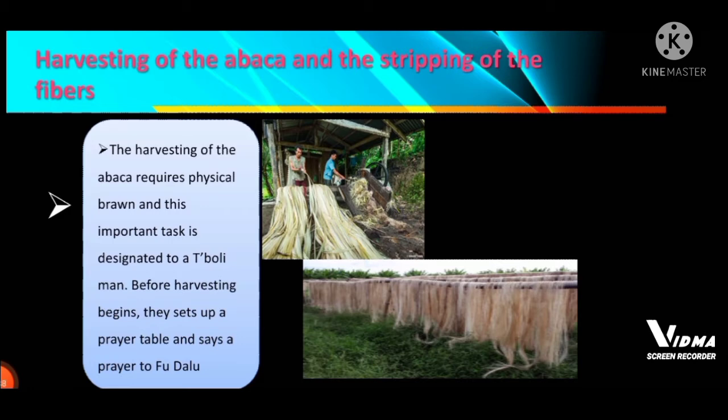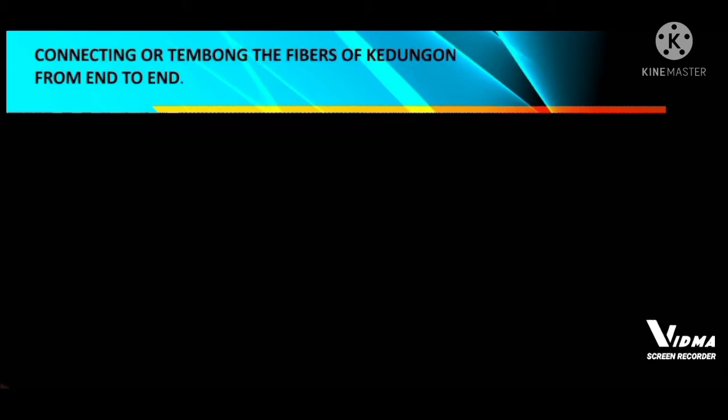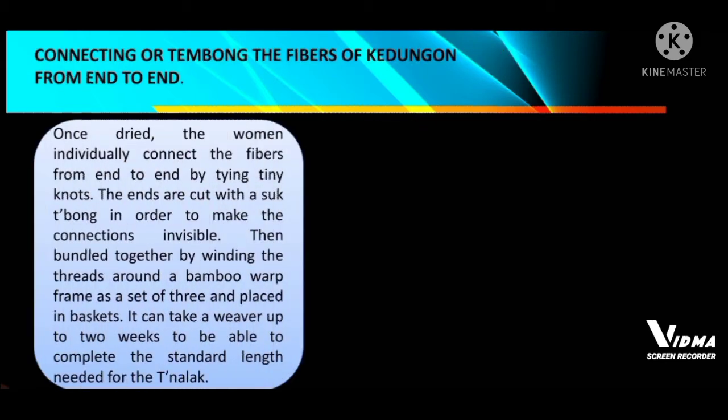After air drying, the next step is connecting, or tembung, the fibers of kidungun from end to end. Once dried, the women individually connect the fibers by tying tiny knots. The ends are cut with a suktibong in order to make the connections invisible.